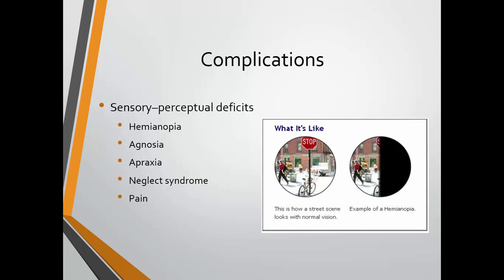Not as common is pain, but that does include hot and cold sensations, and that causes lots of pain. It's usually described as a burning, tingling, sharp, stabbing pain, and it's not usually relieved with pain medications.